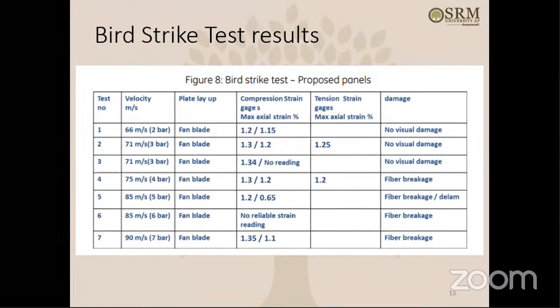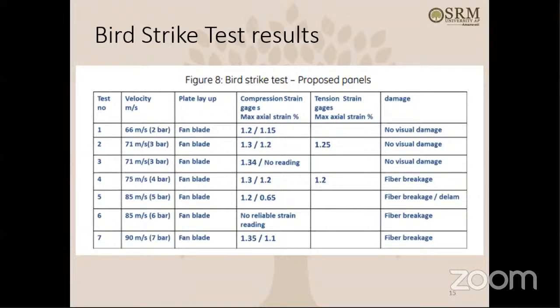We try to measure those, and as you can see, the tension and compression side strains are reaching the level of 1.2, 1.3, 1.4 before the specimen fails.